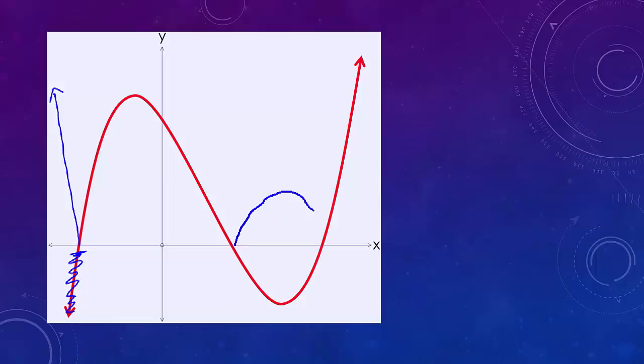It will reflect upwards here, and we'll lose the bit below. So the graph will look like this, following all the red bits that are above the x-axis, but following the blue bits for the parts where the red curve was below the y-axis. So this would be the graph of the modulus of whatever this function was.